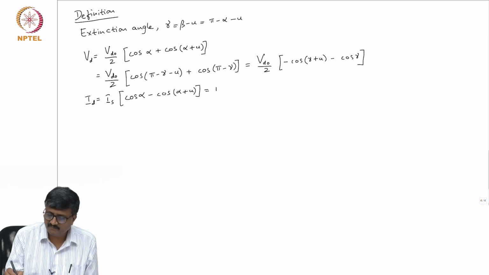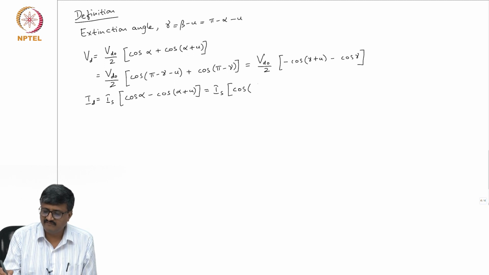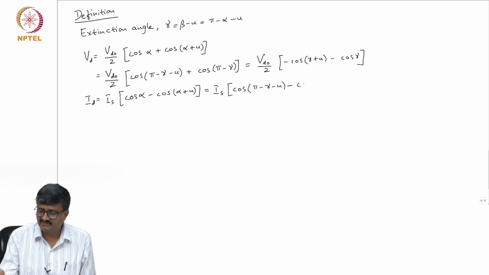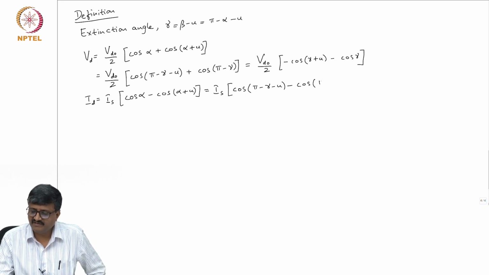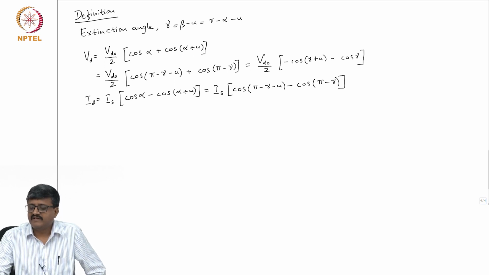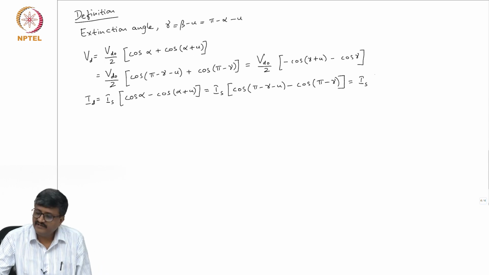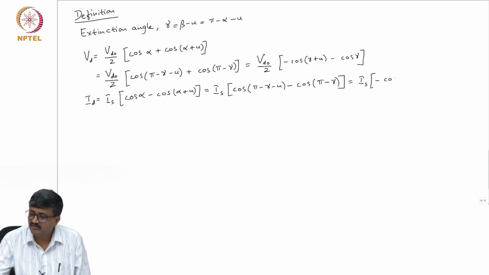So this is equal to Is into cos alpha, which is pi minus gamma minus u, minus cos alpha plus u, which is pi minus gamma. So I can write this as Is into minus cos gamma plus u plus cos gamma.